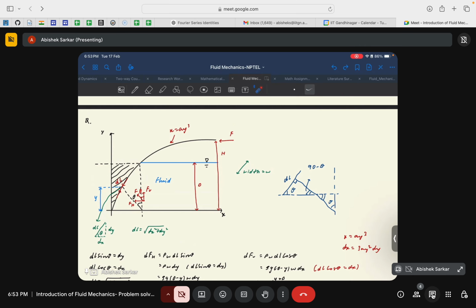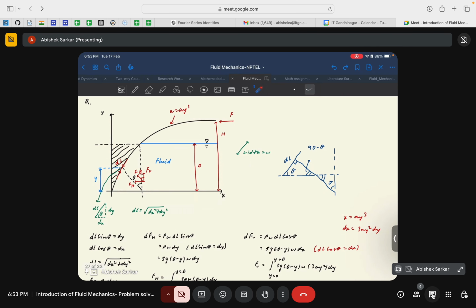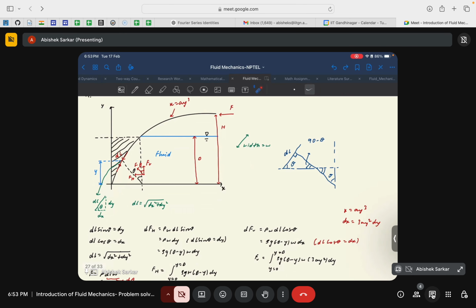In this kind of problem, it will be a bit more complicated, a bit more detailed analysis, but the logic will remain the same. Consider that this is the curved surface and fluid is kept up to this particular height.